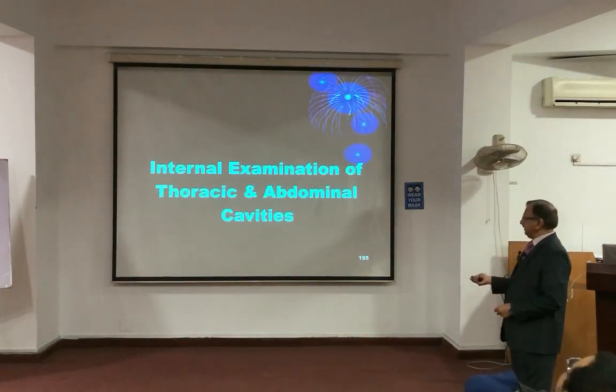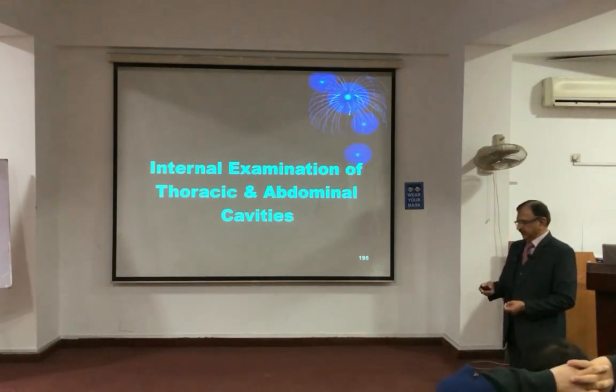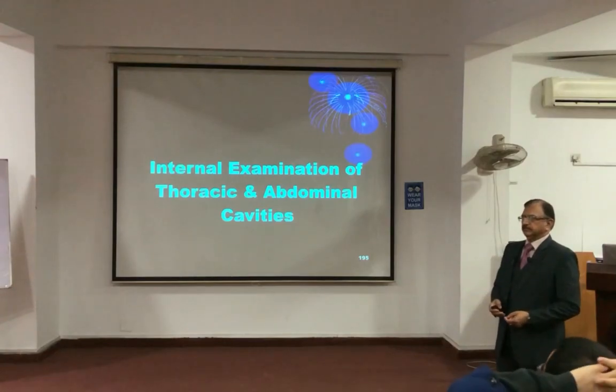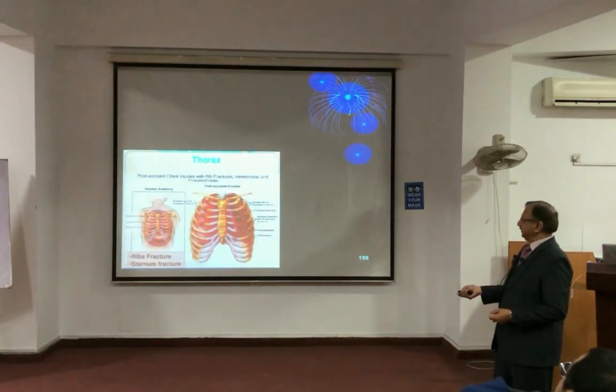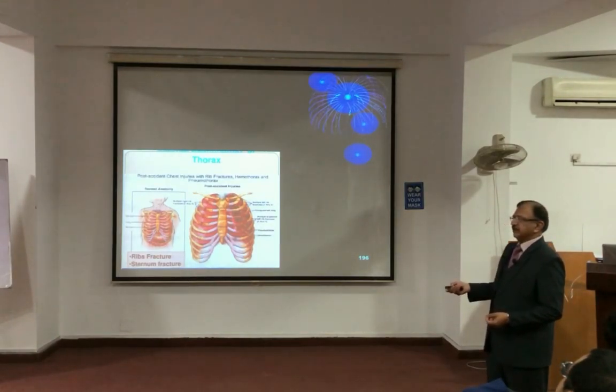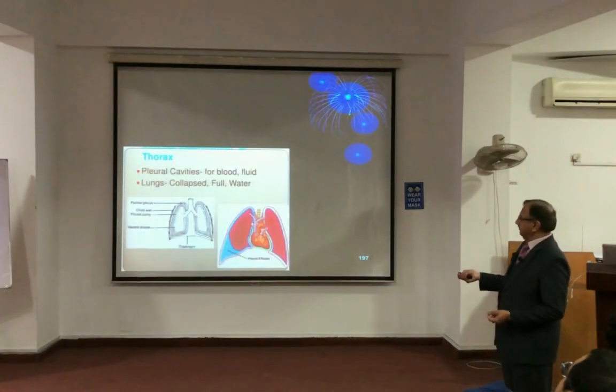Now you will examine the contents when you have reflected the sternal plate, the skin and muscles have been cut, and you will enter into the thorax. When you remove the pleural membrane, you can examine the lungs and the lung cavity.